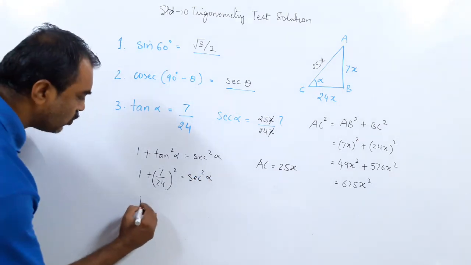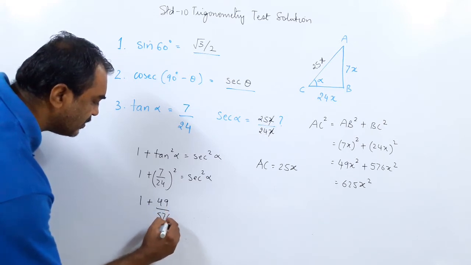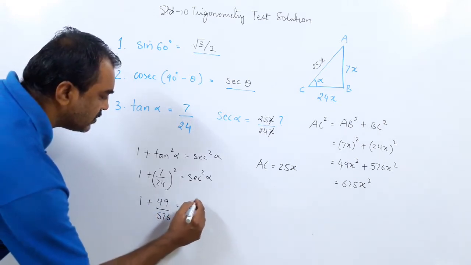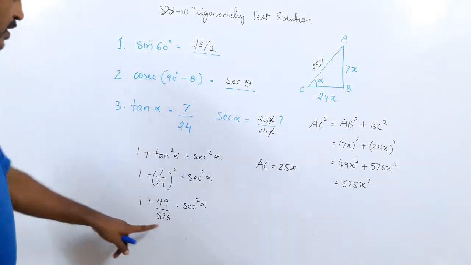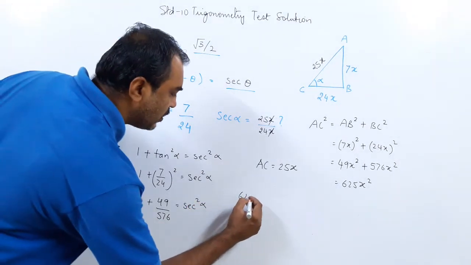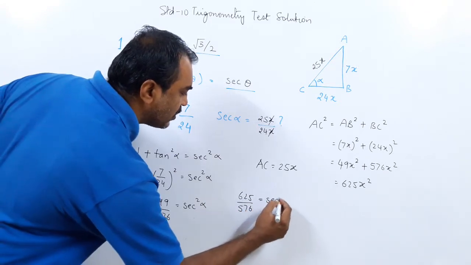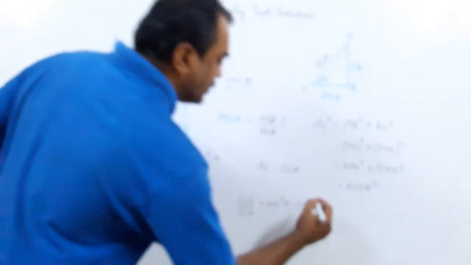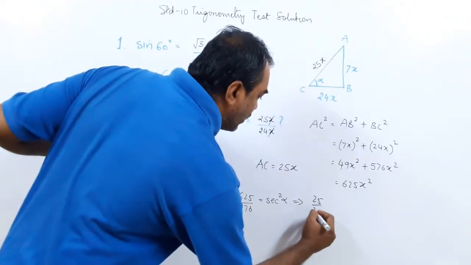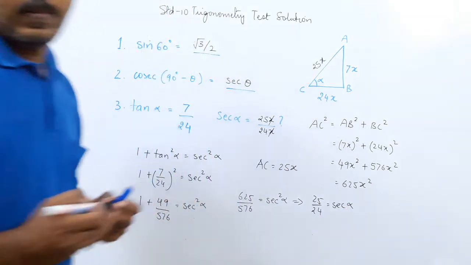How much is this? 1 plus 49 upon 576 should give us sec square alpha. Now 576 was the LCM, so we get 625 upon 576 equal to sec square alpha, which implies, taking the square root, 25 upon 24 is our sec alpha. So this is the second method.